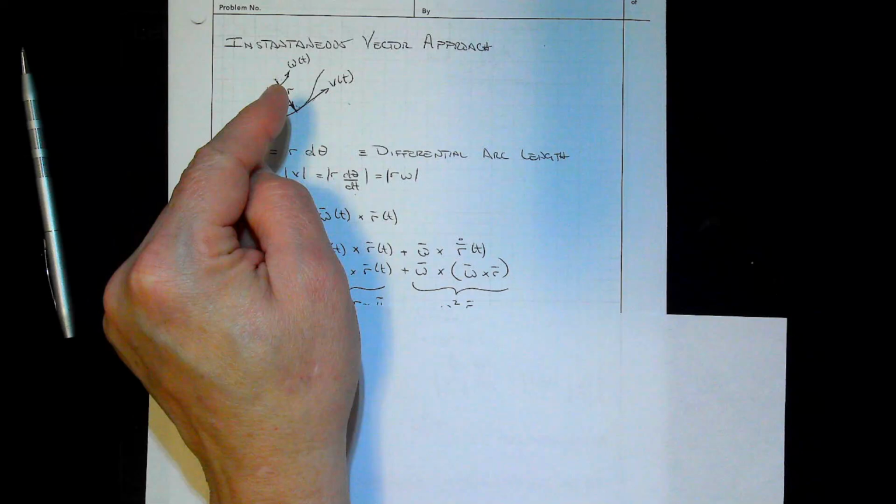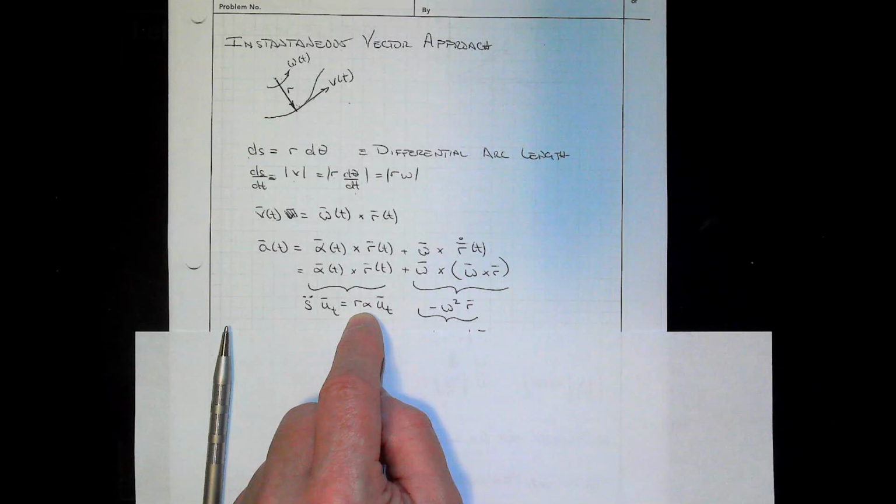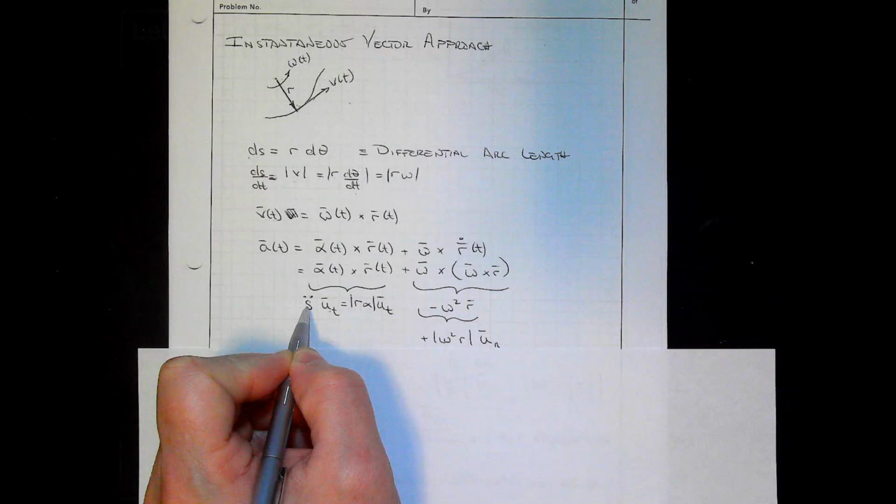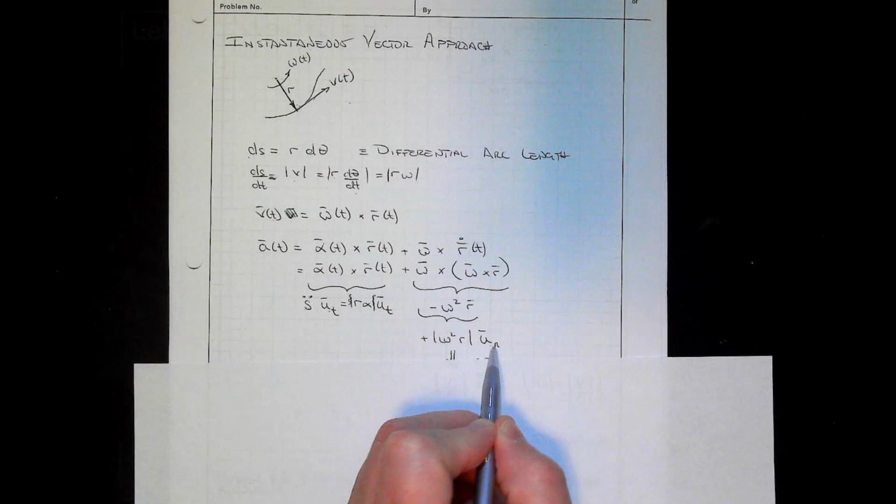This is a critical point. As long as we have constant acceleration along an axis, and the axes can be moving, but wherever that axis is the acceleration is constant, we can apply the constant acceleration equations. That's useful, so that's what we want to play with.